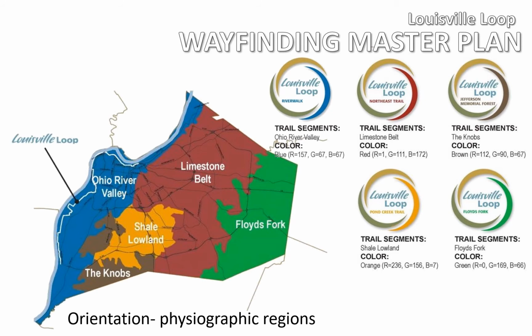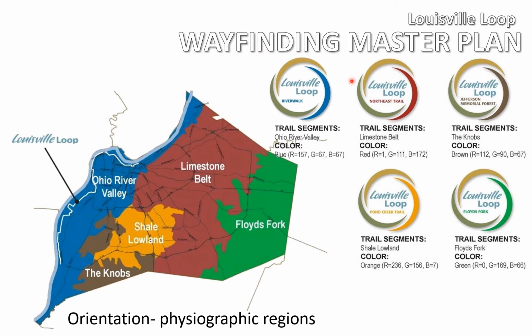They differ in their soil types, the habitats for animals and plants, and the plant communities that make up them, and thus have led to the variety of history and culture that Louisville and Jefferson County have enjoyed over the years. And the five different colors start separating out where you are along the loop.